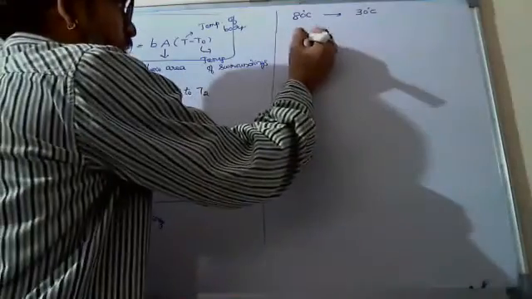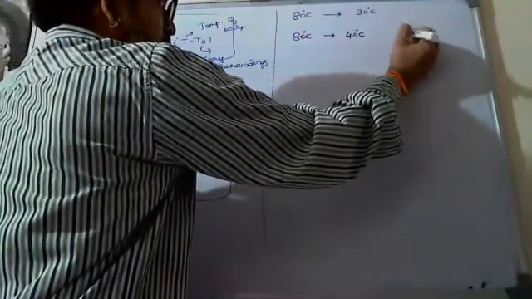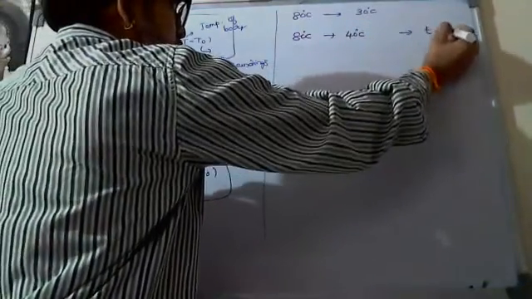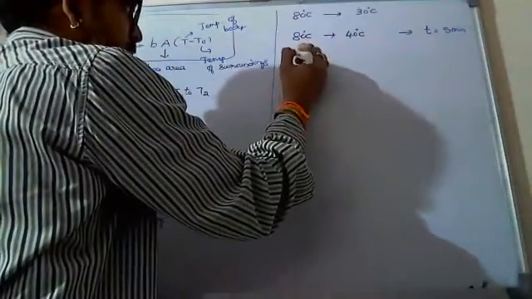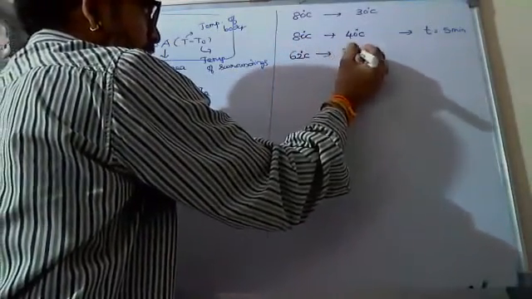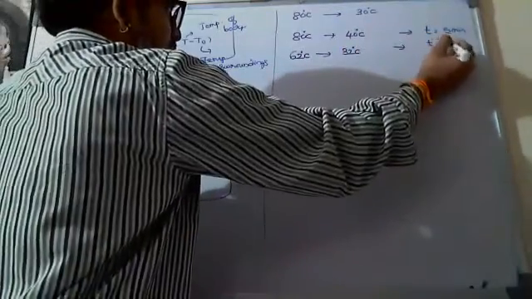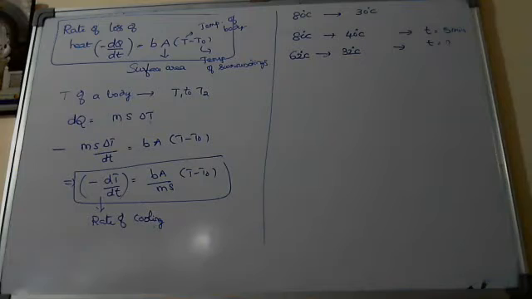So 80 degrees to 40 degrees Celsius while changing, the time taken is equal to 5 minutes. And if he wants to change the temperature next from 62 degrees Celsius to 32 degrees Celsius, what will be the time? This is one question.